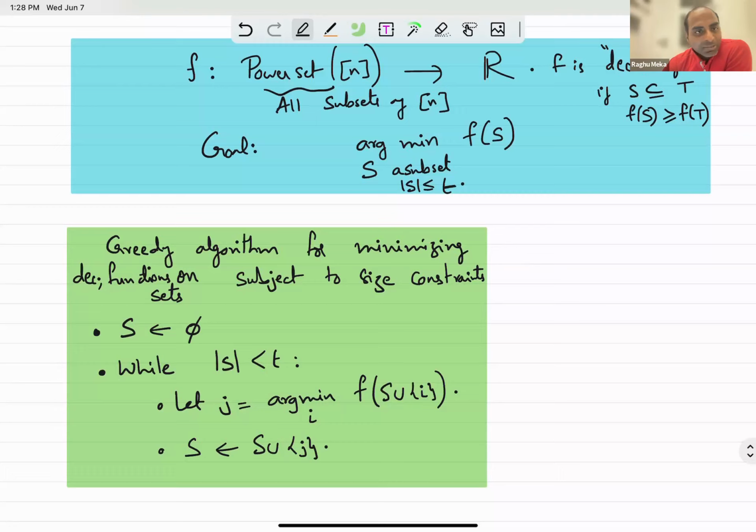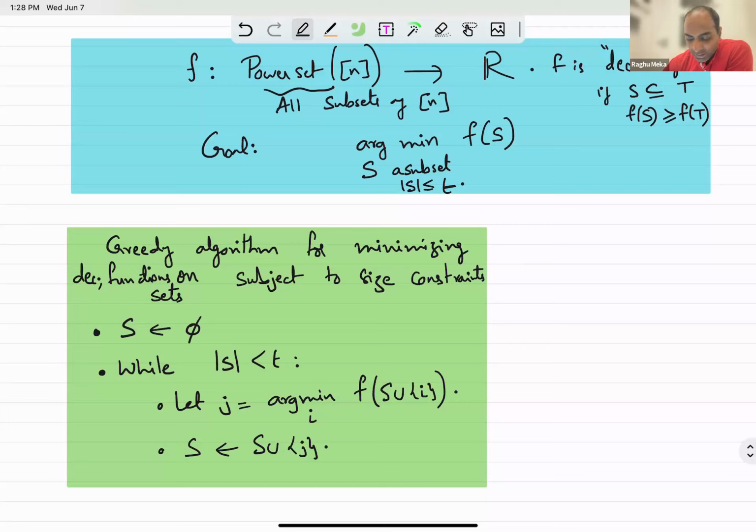So anytime I have a set optimization function subject to the size constraint, I can try this age-old greedy algorithm. If you think of interval scheduling, you can set it up in this way. If you think of minimum spanning trees, you can set it up this way. And many other functions can be set up in this language.